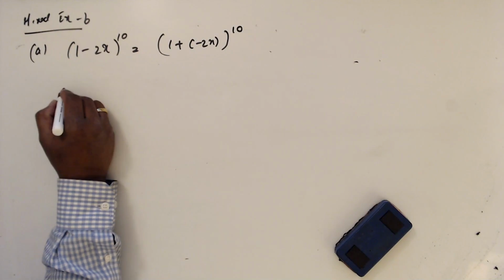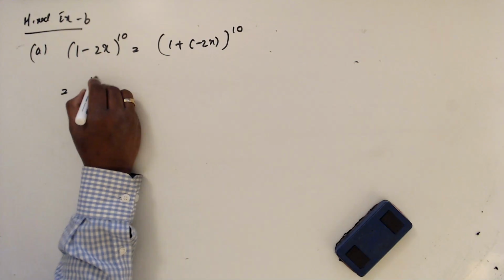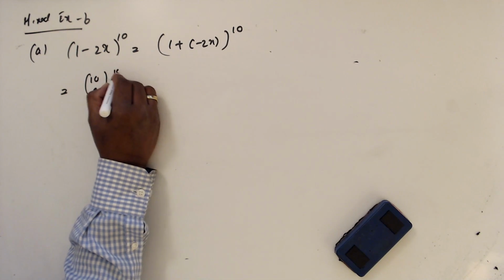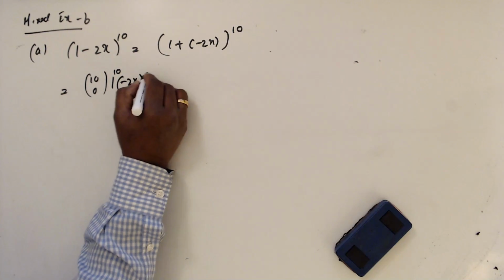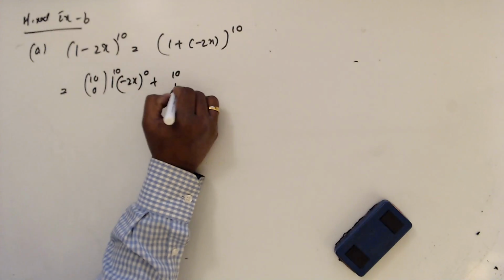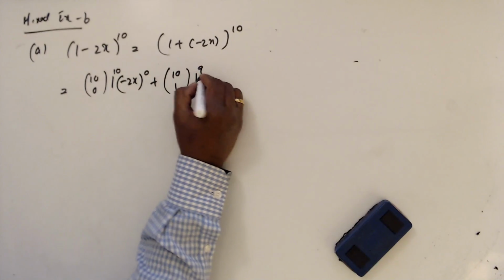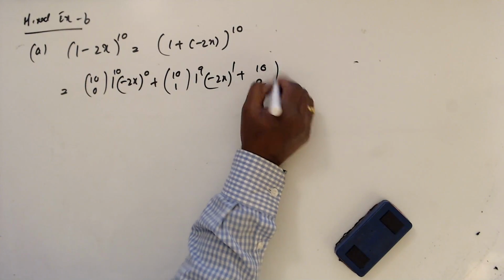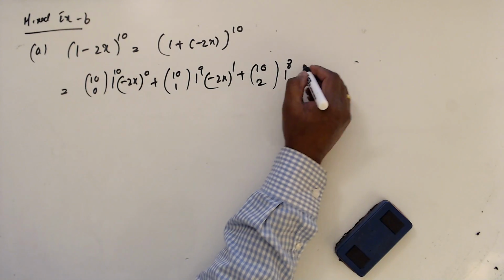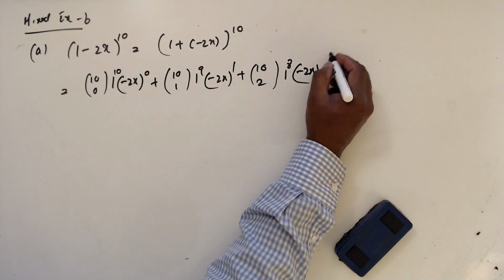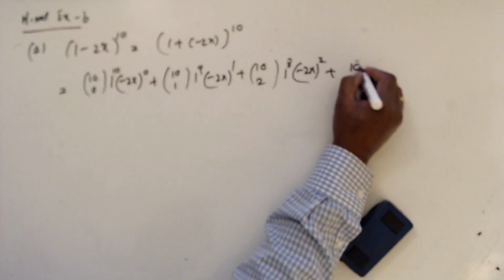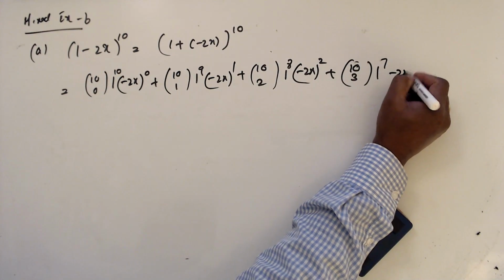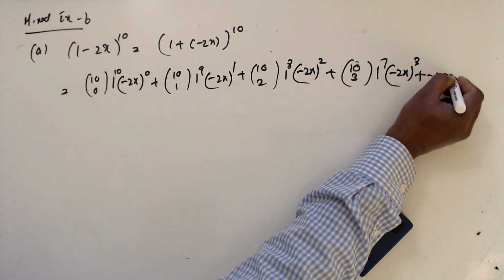So we'll start writing the expansion. 10c0 1^10 (minus 2x)^0, 10c1 1^9 (minus 2x)^1, 10c2 1^8 (minus 2x)^2, 10c3 1^7 (minus 2x)^3 plus.